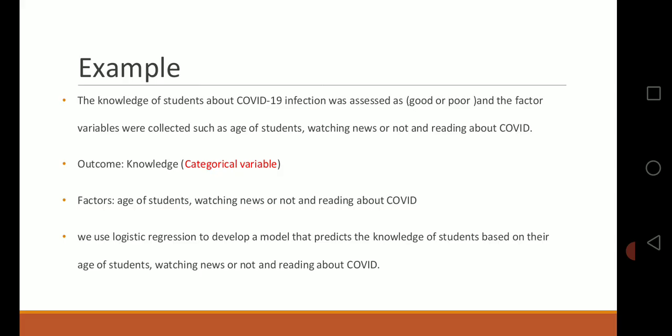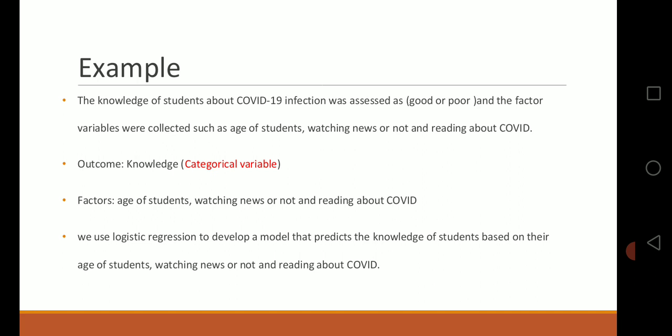Now we come to the second type of regression. We said that regression is divided into 2 types: linear regression and logistic regression. We discussed the linear regression, and now we are going to discuss the logistic regression.